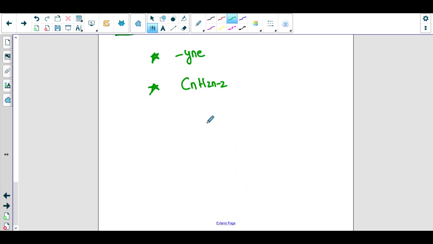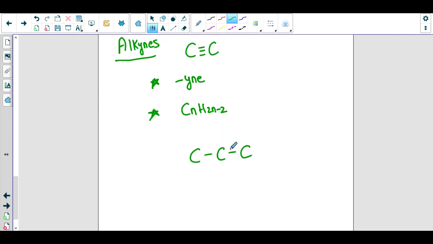Let's try to draw one more structure. Let's take the same example with 3 carbons. We have carbon bonded with carbon, bonded with carbon. To make it an alkyne, you must have one triple bond. So let's make this a triple bond. Now again, we want to put hydrogens to make everyone stable. So we have carbon 4, 5, 6, 7, 8. 4, 5, 6, 7, 8.